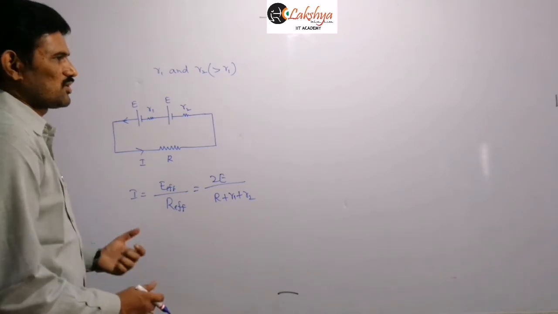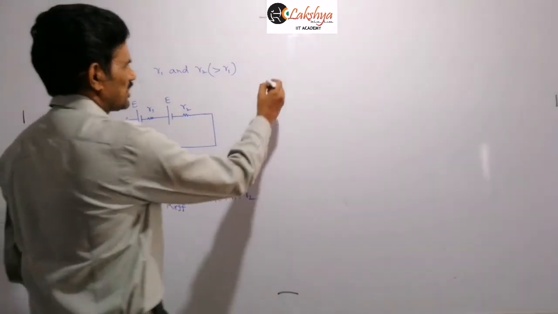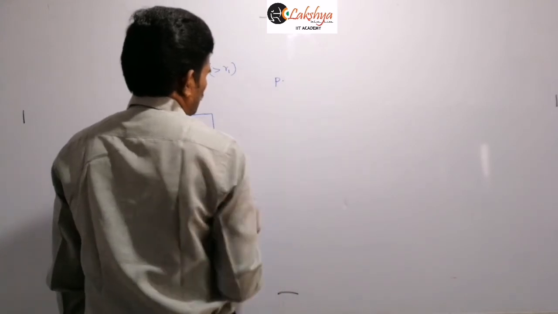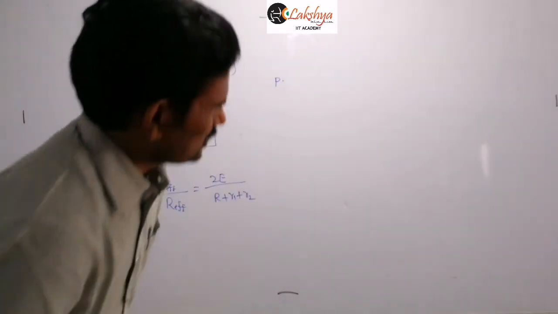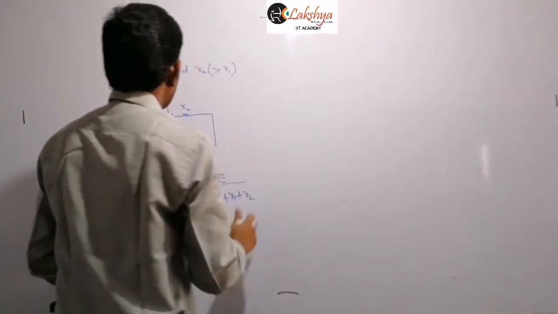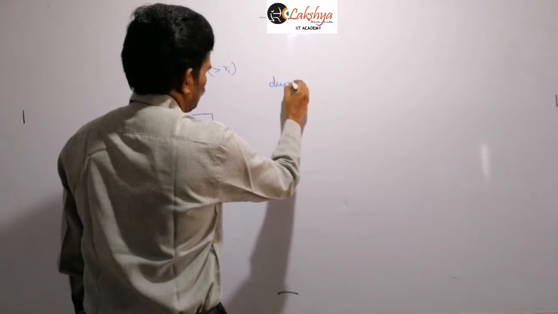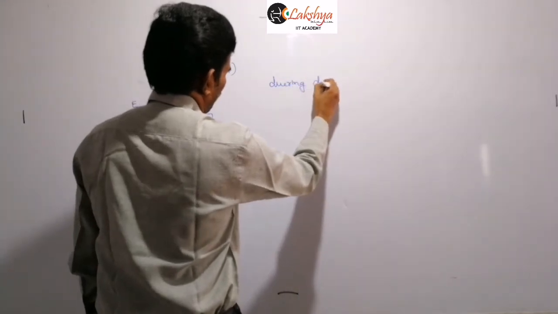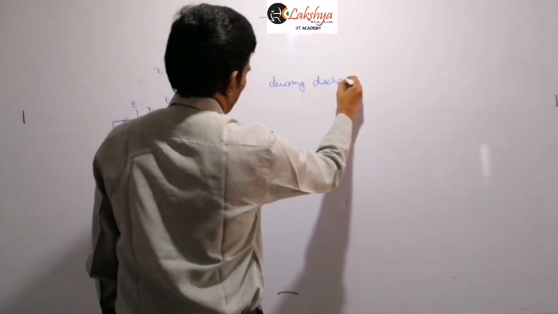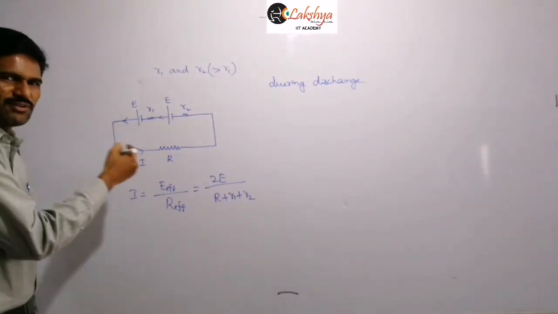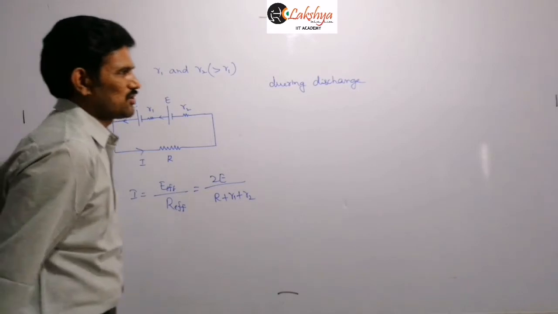Next, the potential difference across one of the cells. As the cells are connected in series, I can write here, during discharge, that both the cells are discharging only. For both the cells the current is flowing out of the positive terminal.